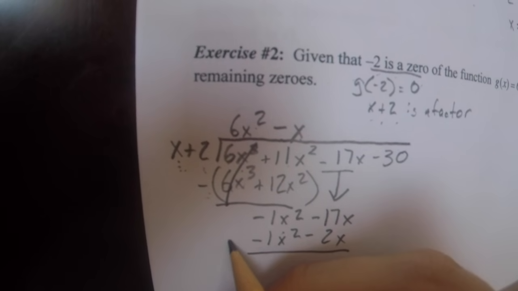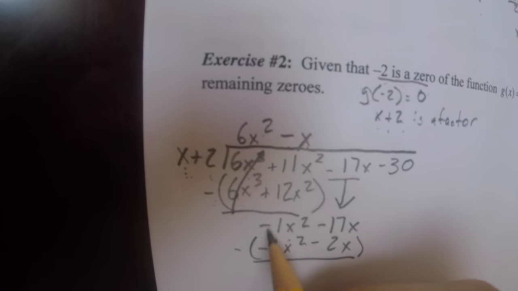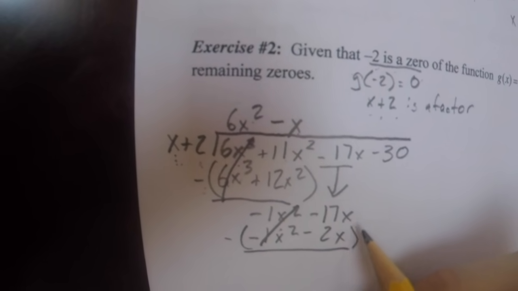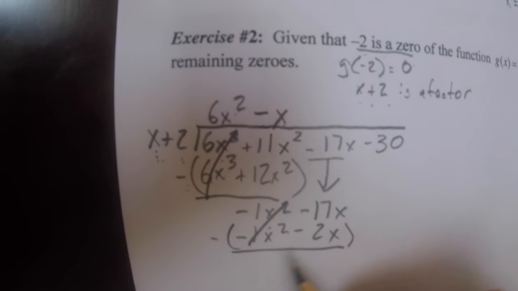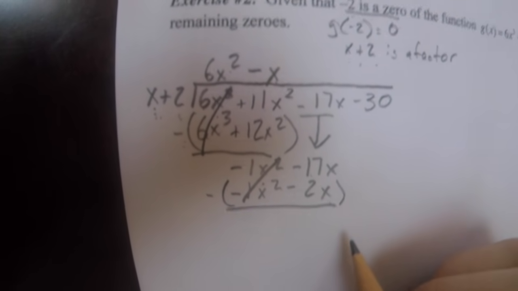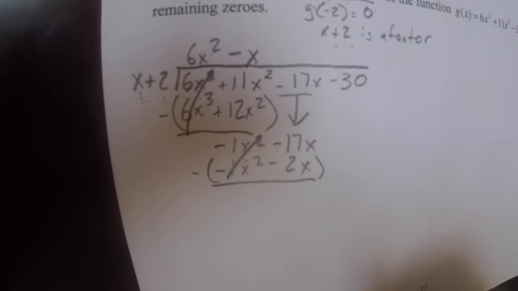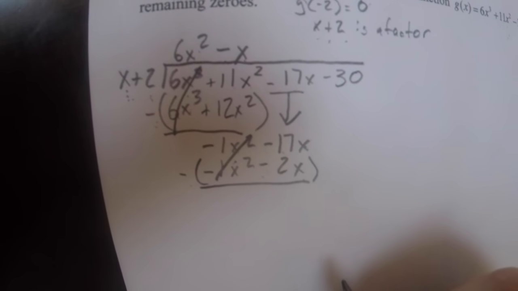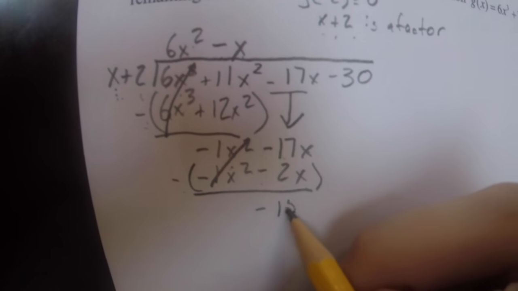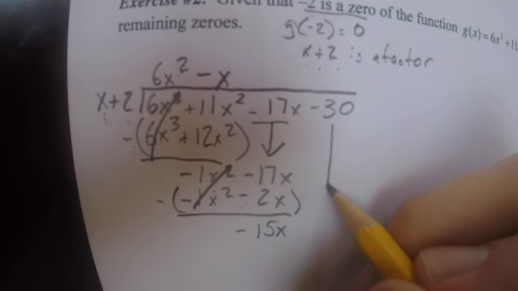Remember, we're subtracting here. Negative 1x squared minus negative 1x squared cancels. Negative 17x minus negative 2x. Remember, that's negative 17x plus 2x. Minus a negative is really plus. So that would be negative 15x. Bring down our negative 30.